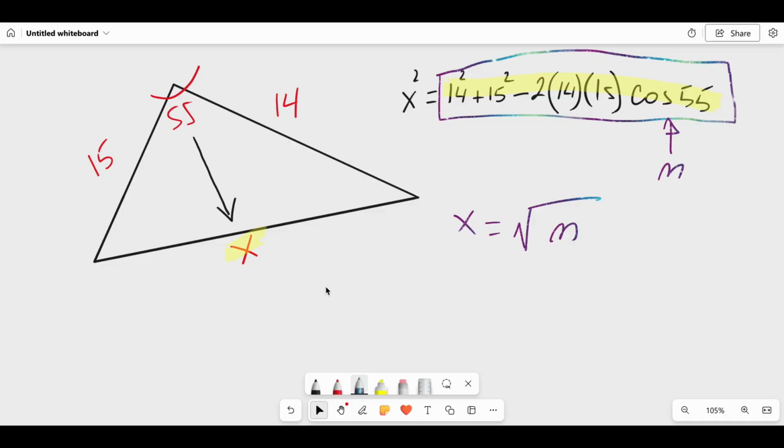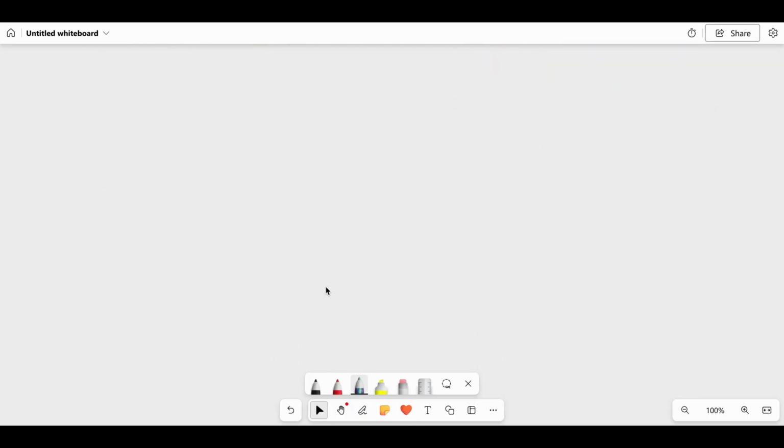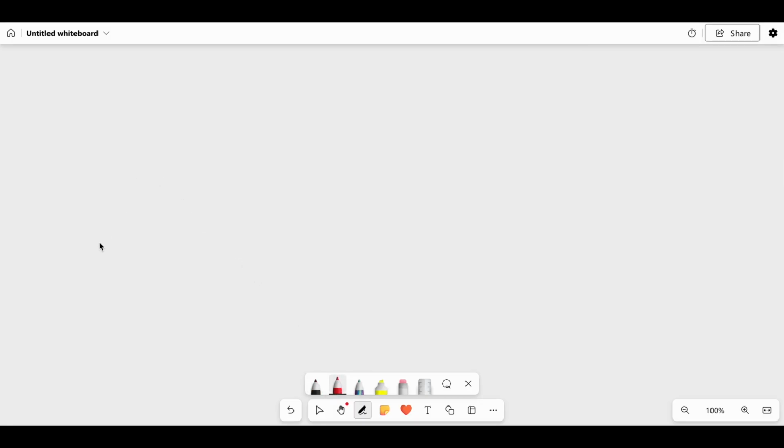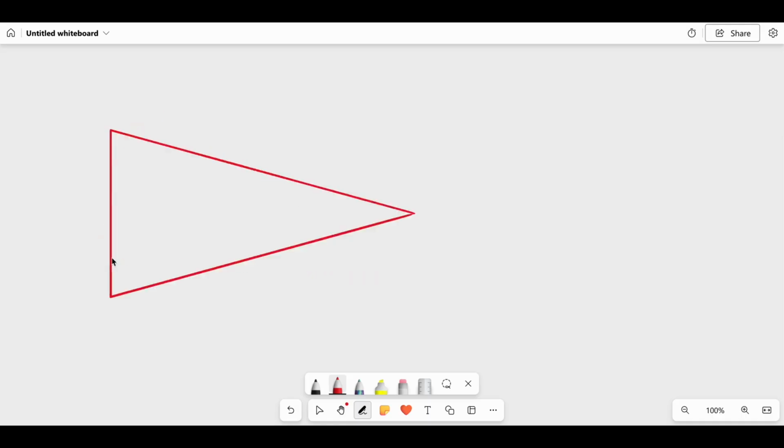Let's do now another exercise, and this time we're going to find the missing angle. So again, let's draw a triangle. Here we go.